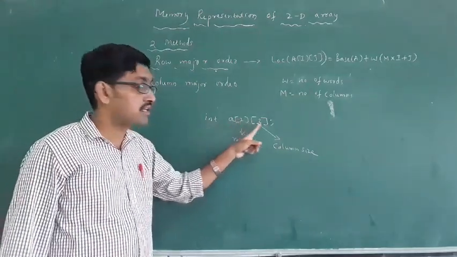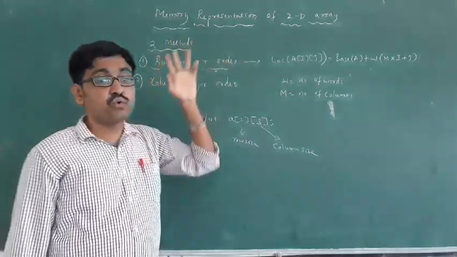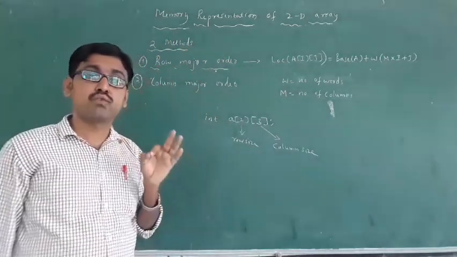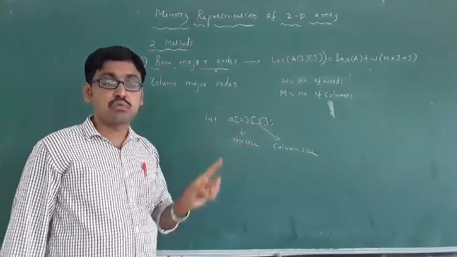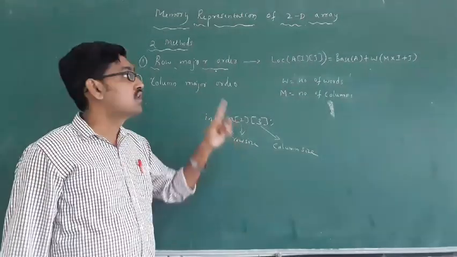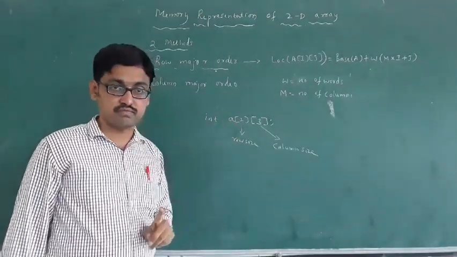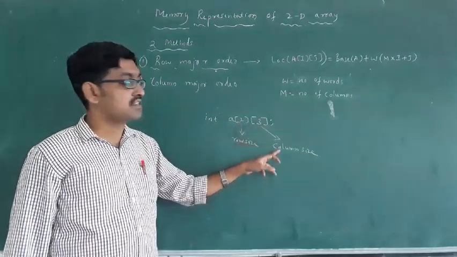This is how they write a 2D array. Now, the memory representation of a 2D array means what? When you store any numbers in this, automatically one address will be created. How to find the address of a 2D array, that you have to learn. The row size is 2 and the column size is 3.